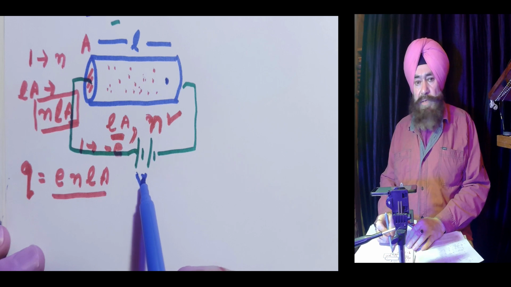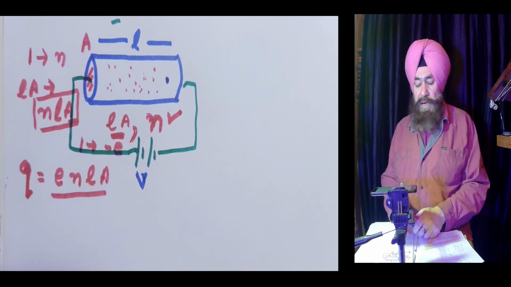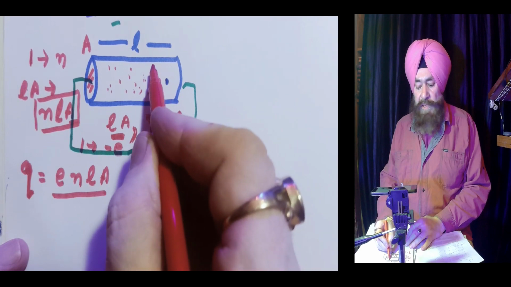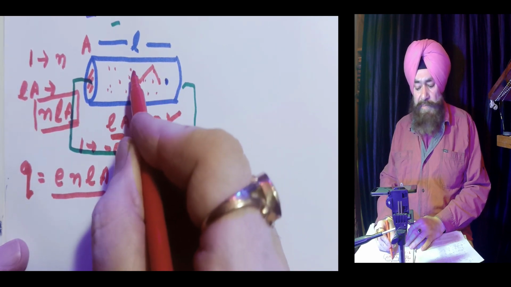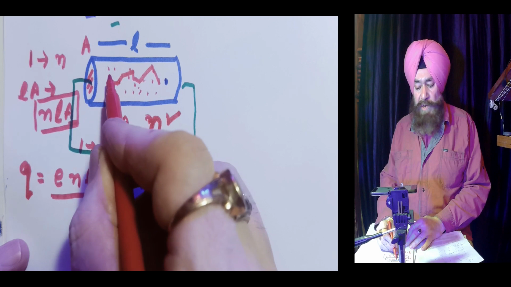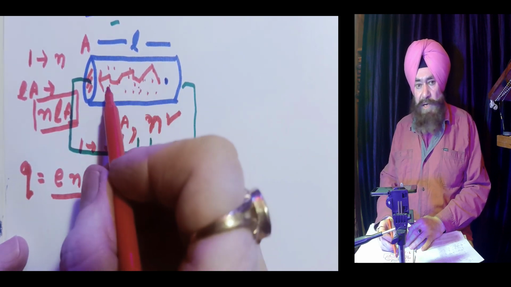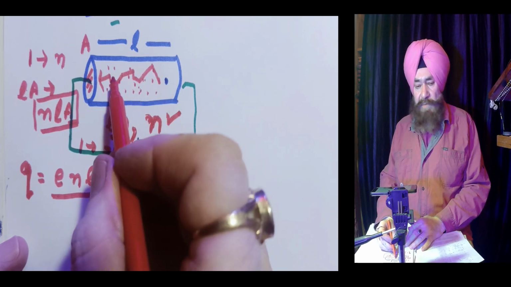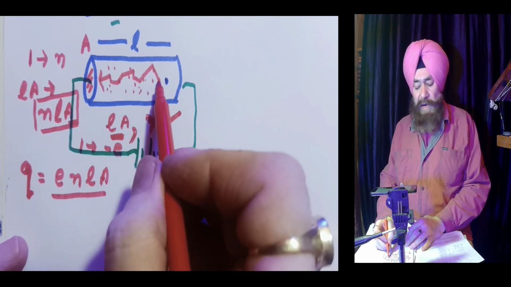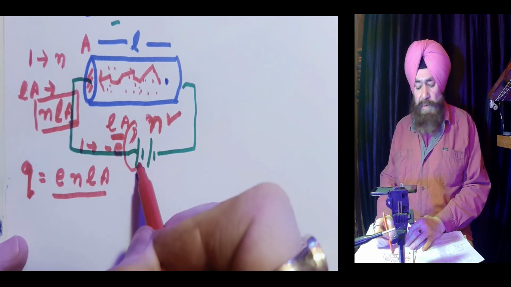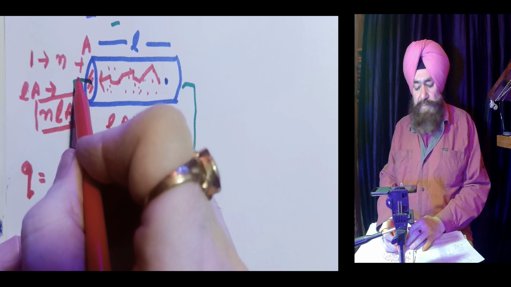But on applying the potential, the electrons start drifting. Drifting means they go along this side like this. The path is not exactly a straight path, it is a zigzag path.